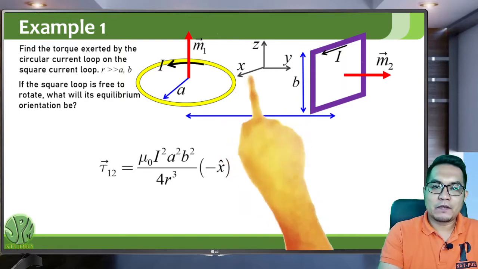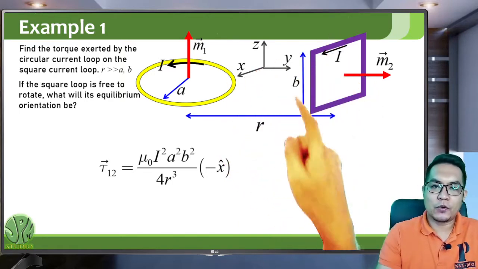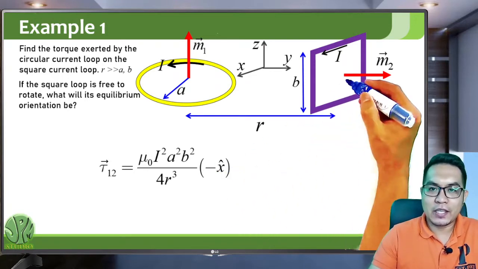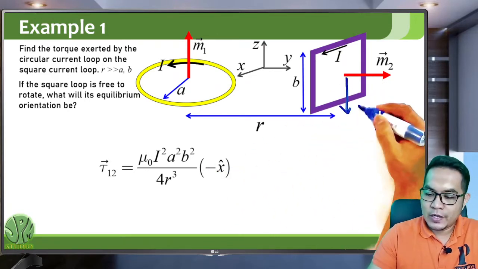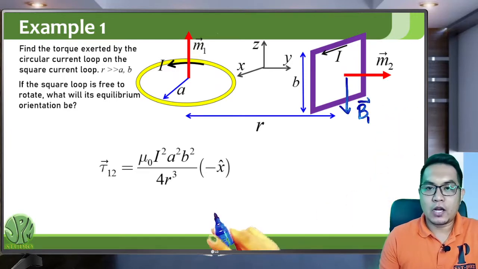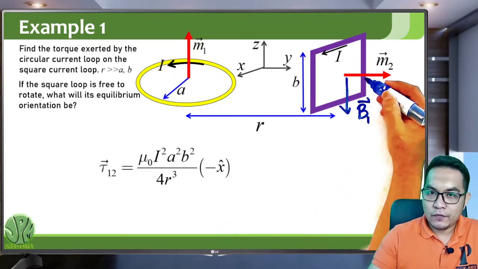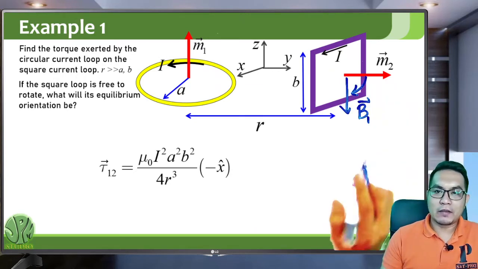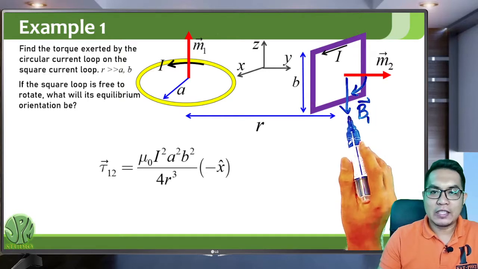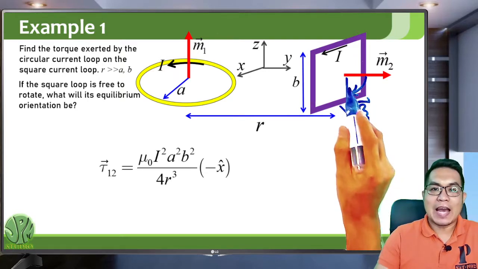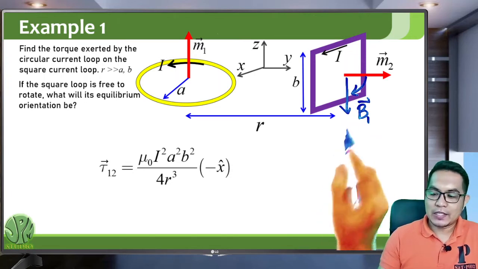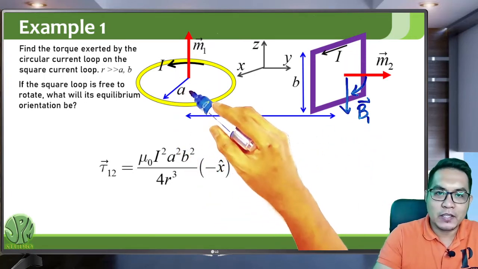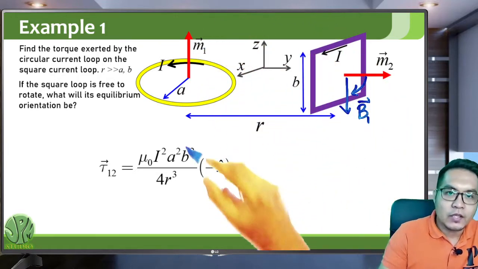B1 is in the negative z hat direction, the direction of the magnetic field of loop 1. So it will try to rotate this loop so that its magnetic dipole moment aligns with the magnetic field of B1 at this point. Take note, this is a dipole, so the magnetic field is curling around.